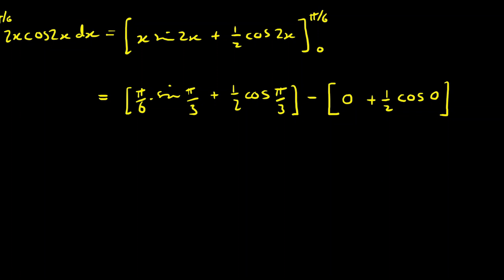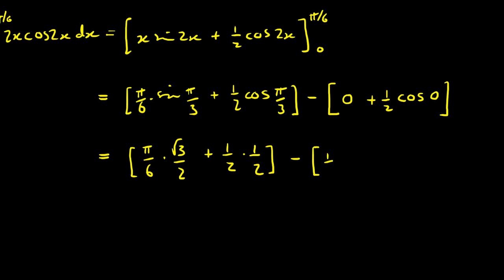So now we need to put this into a calculator, or it'd be better actually if we know our critical angles. So we get pi by 6 times sine pi by 3, which is root 3 upon 2, the same as sine 60 degrees. And then plus a half cos pi by 3, which is a half, cos 60 degrees, minus a half cos 0, and cos 0 I said was 1.